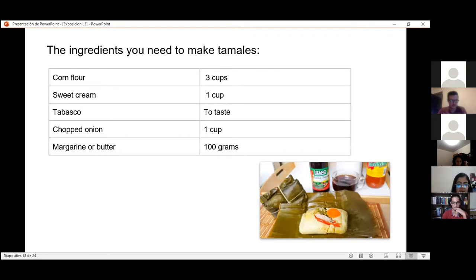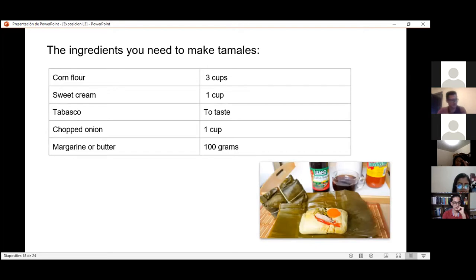let's talk about two preparation choices today. Tamales, it's important to mention, is popular throughout the Central America area. Cuisine and tradition, each country has its own way of preparation.